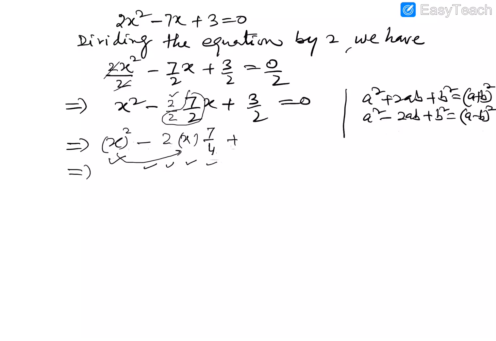Now we have to add 7 by 4 square, that is b square is to be added and the same quantity will be subtracted, so that there will be no change in the given quadratic equation. The remaining term is 3 by 2 and is equal to 0.